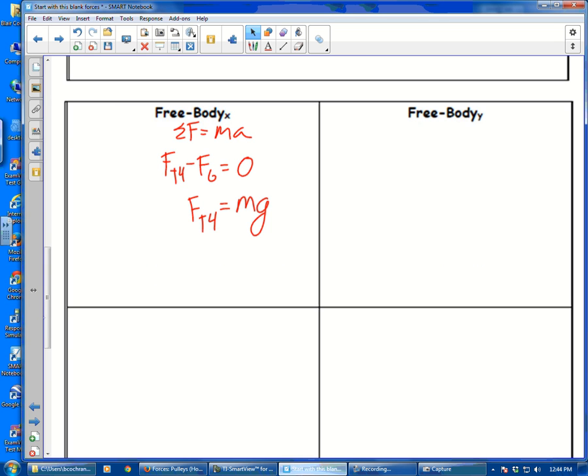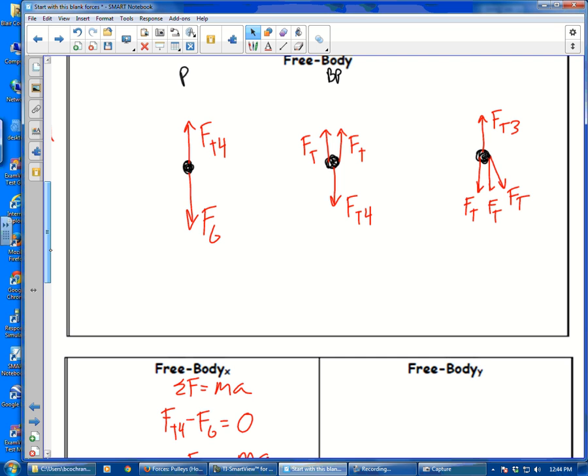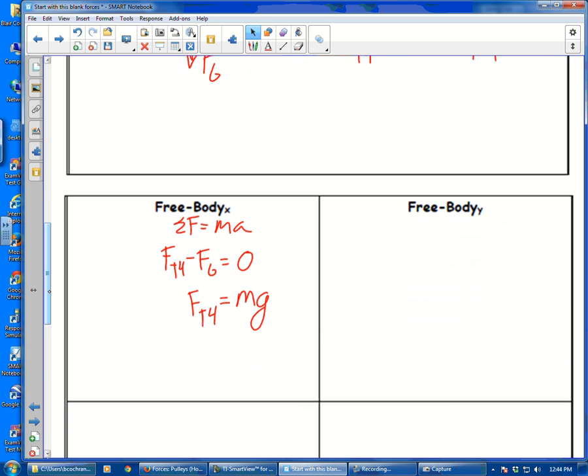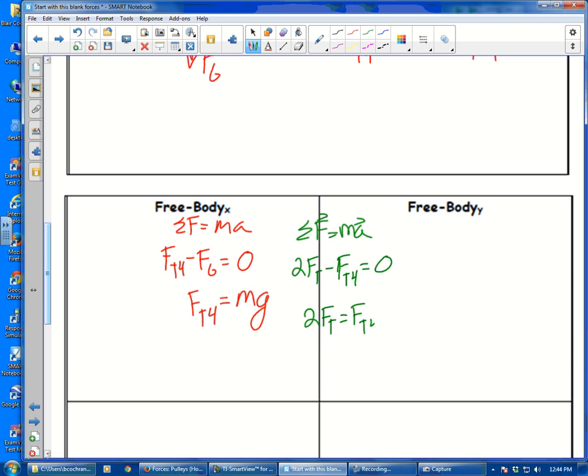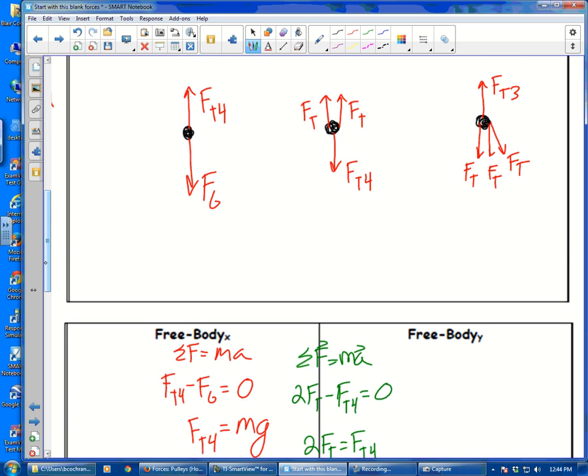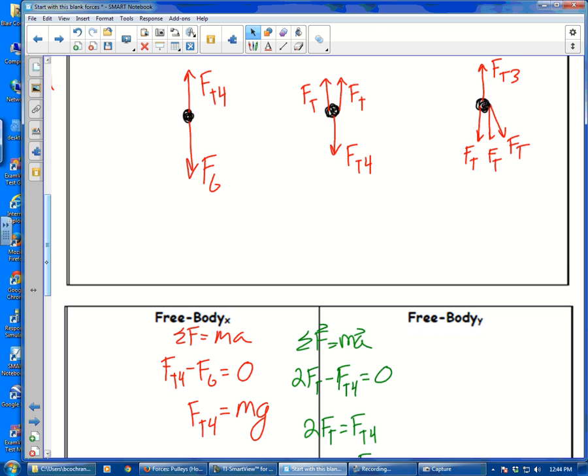Then let's go back here to this one, and I get FT should be, when I do for the center one, 2FT minus FT4 equals 0, so 2FT equals FT4, FT equals mg over 2. Then this last one, we have FT3 minus 3FT equals 0.